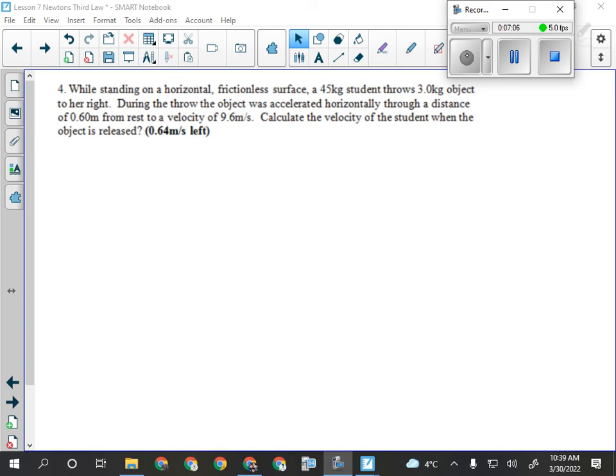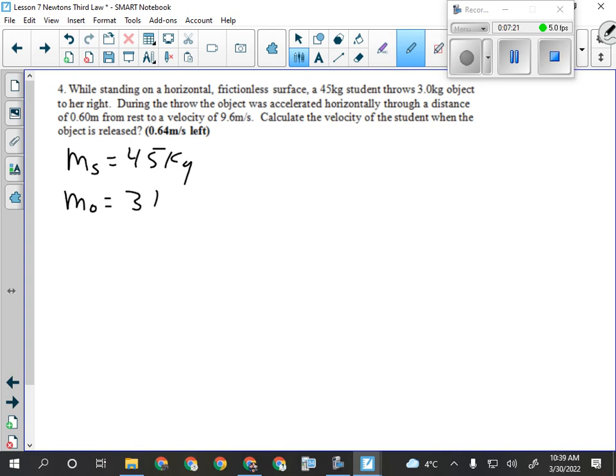Okay, so on number 4, we've got a student whose mass is 45 kilograms. So we're just going to say mass of the student, 45 kilograms. Mass of the object is 3 kilograms. And they're throwing the ball to her right, so they're going to be exerting a force on the ball that is to the right.